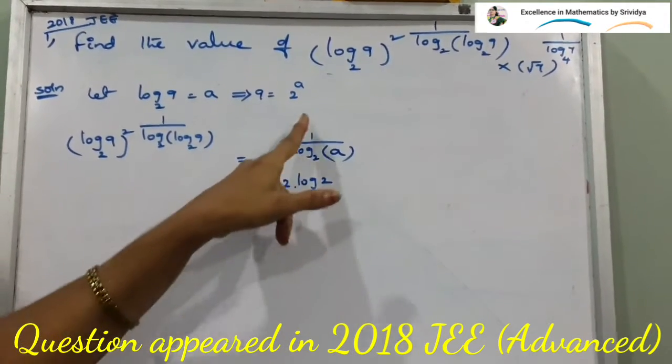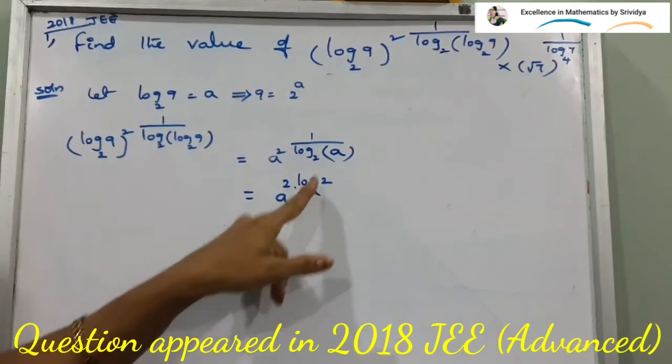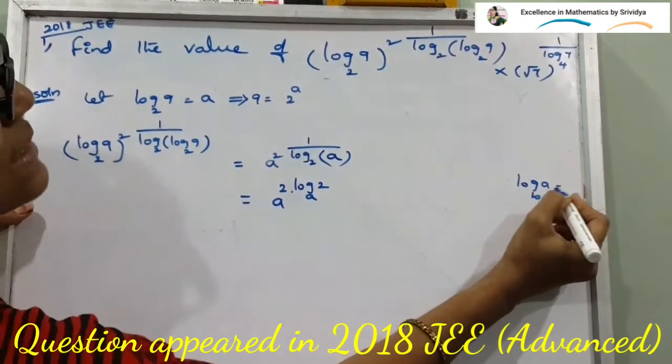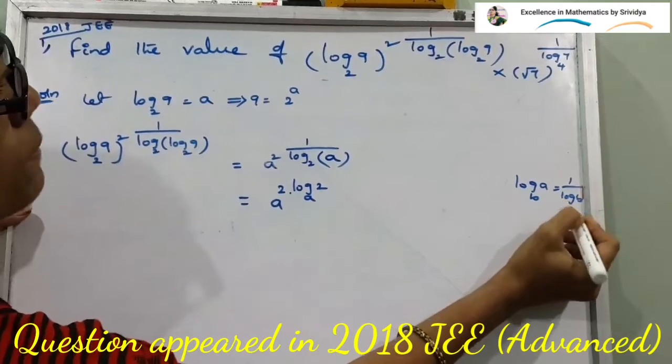This can be written as a square into log 2 base a, because 1 by log a base b is equal to log b base a.